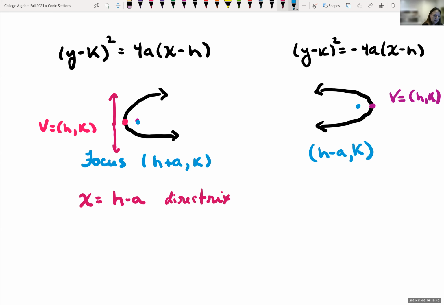The directrix, the parabola is always facing away from the directrix. And this directrix is a vertical line. So it is x equals h, and this distance in between the vertex and the directrix is a. And so it's h plus a.